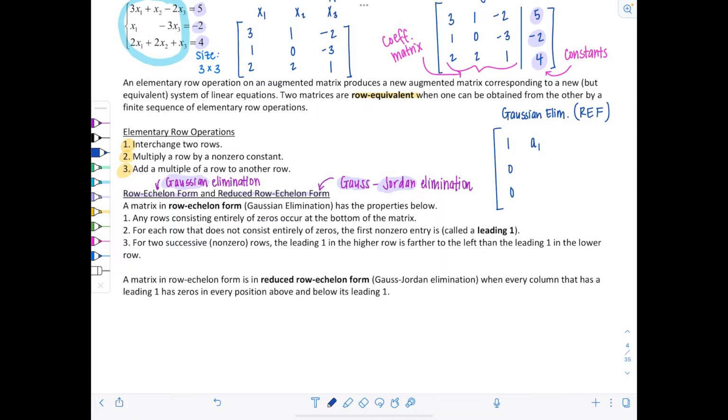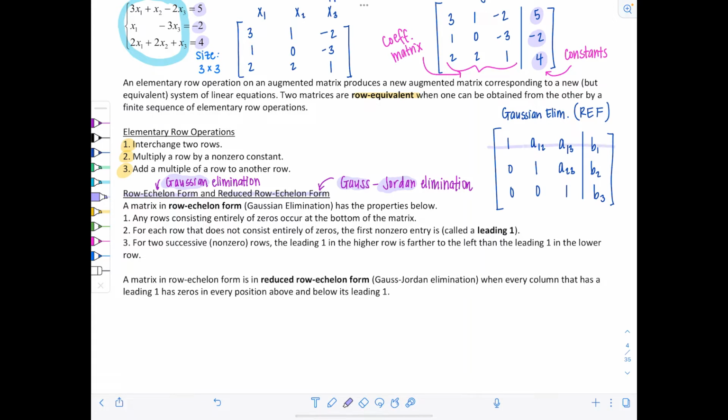Then you would have some entry here. We don't care what it is. And then beneath that would be a 1. And then beneath that would be a 0. And then up here, a13, I don't care what it is. a23, we don't care what it is. And then here's a 1. And then the constants, we don't care what they are. b1, b2, b3.